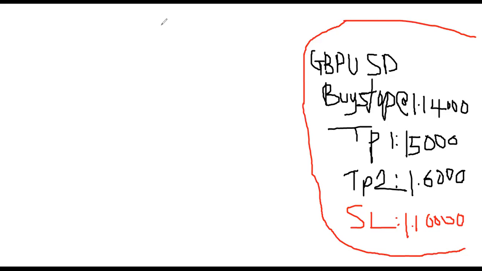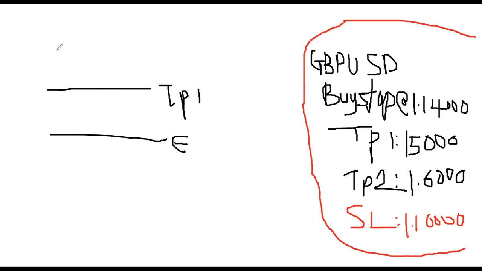So from here, let's say this is my entry point. This is my TP1. This is my TP2. Please remember the values I've placed on the wall or on my screen.